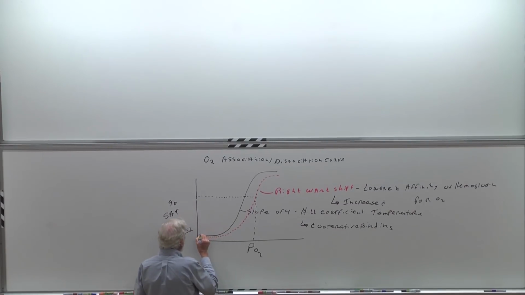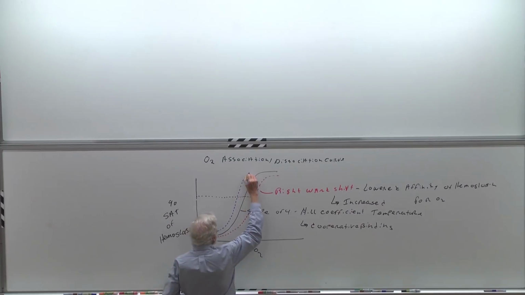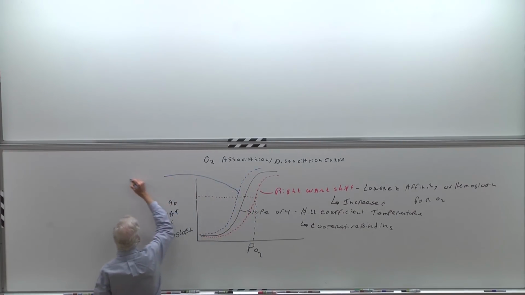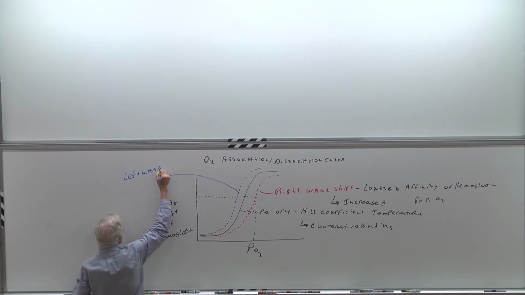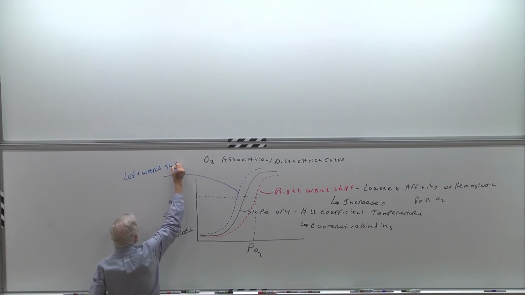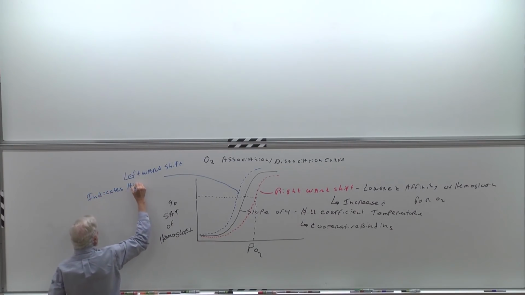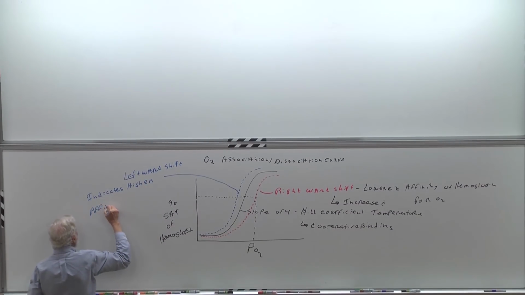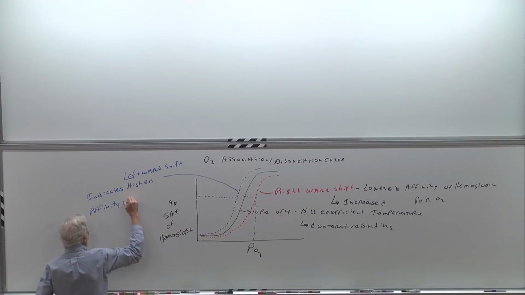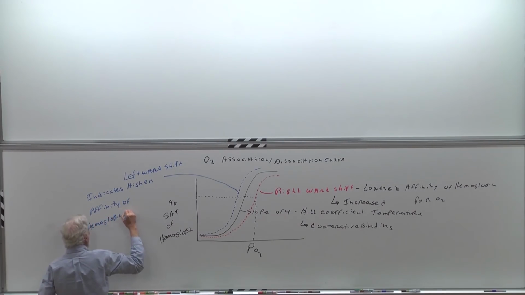And by the same token, we said we could have a leftward shift. The leftward shift indicated a higher affinity of hemoglobin for oxygen.